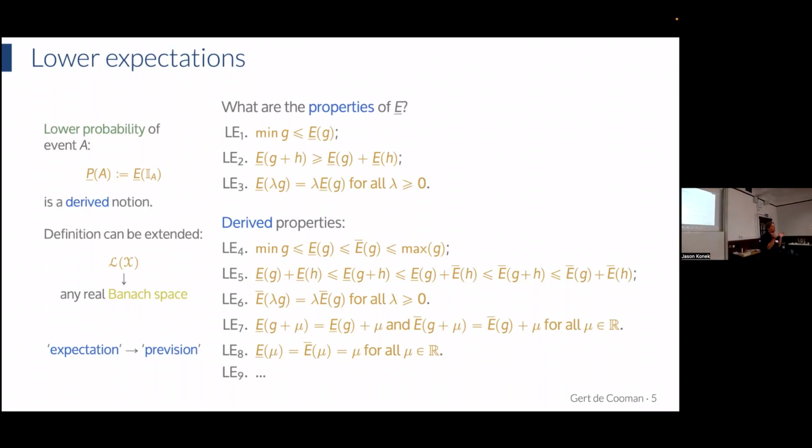So events disappear, you only have functions, and you can no longer define probabilities. It's not really useful to talk about the expectation associated with the probability, and this is one of the reasons why he introduced the notion of prevision rather than an expectation, because these things are no longer necessarily expectations associated with probabilities.